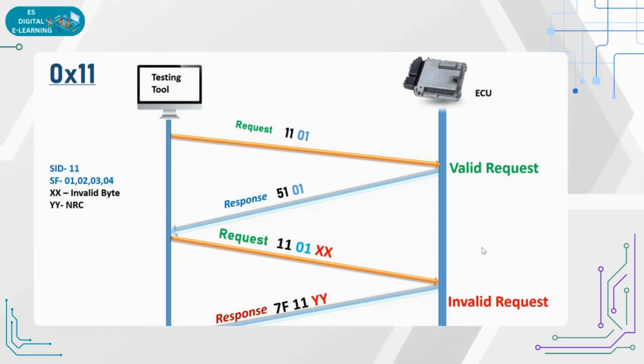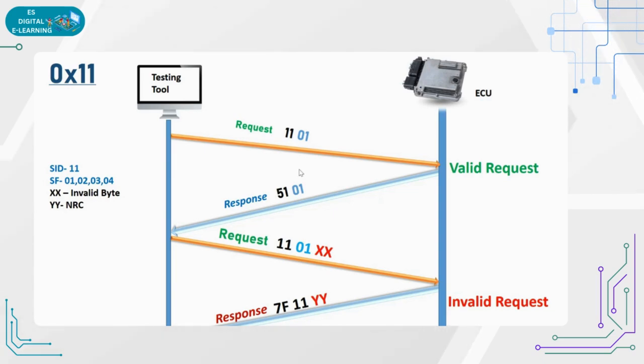Sir, will the reset happen after responding, or will the response come only after the reset? Yes, tell me. Whenever we send the request, before shutting down, the ECU reset gives a response saying, okay, your request is valid, I am going to shut down. Like that, it will accept and the ECU will start resetting. It is a good question.